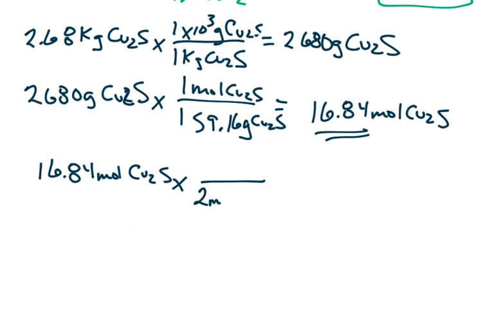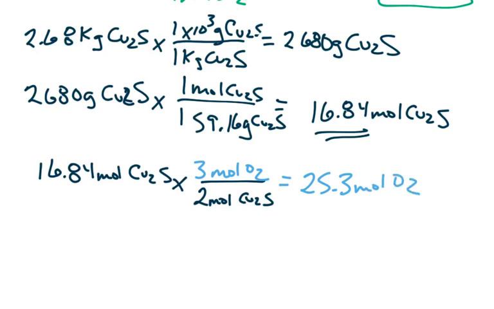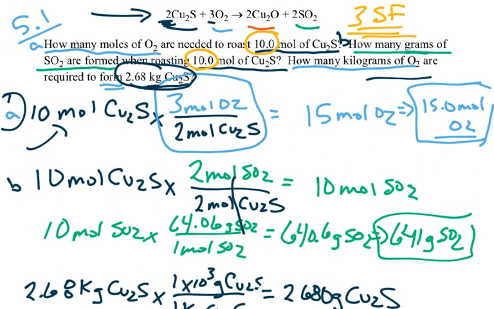And then just looking at our ratio, we have 2 Cu2S's, 3 O2s. So 2 moles Cu2S, 3 moles O2, equals 25.3 moles of O2. And then we're trying to take that to kilograms.